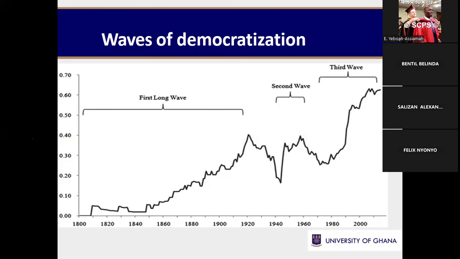If you had a period where many states adopted even the minimal criteria, just elections, we will accept. So wave simply means a period where many countries adopted some form of electoral process in selection of leaders. In short, when you have many countries moving from non-democracy to democracy within a period, we call that a wave of democratization.